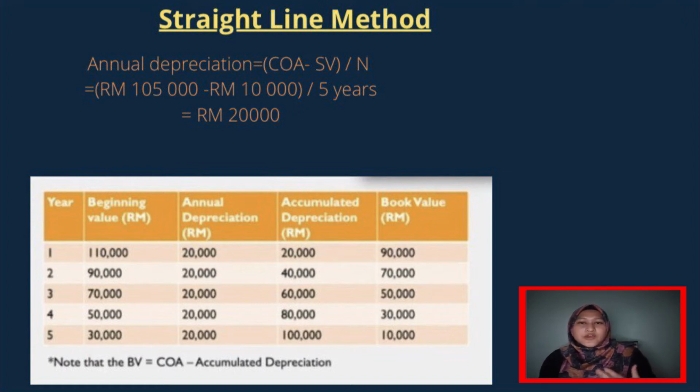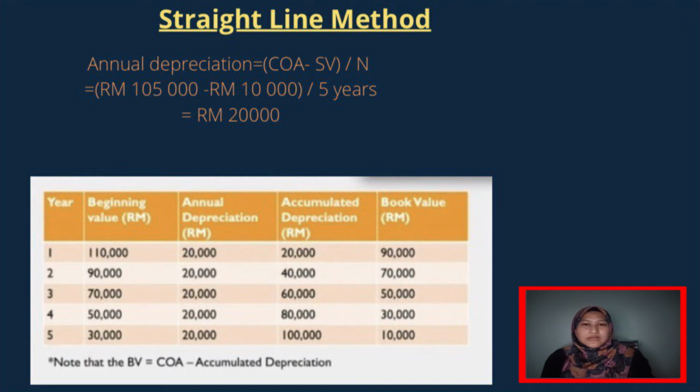Then accumulated depreciation for the first year is the same as the annual depreciation of the first year. But for the second year, to calculate accumulated depreciation, you should add the accumulated depreciation of the past year with the annual depreciation of the second year. Example, 20,000 plus 20,000 and the answer is 40,000, right?